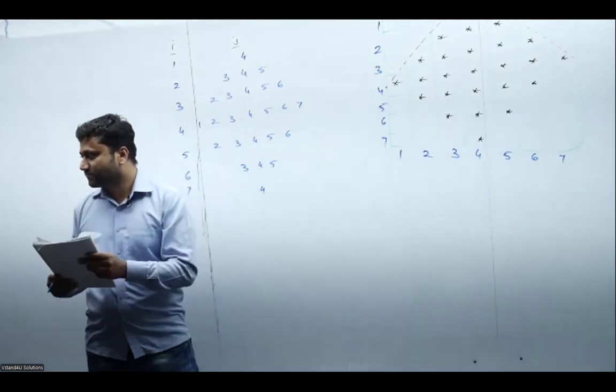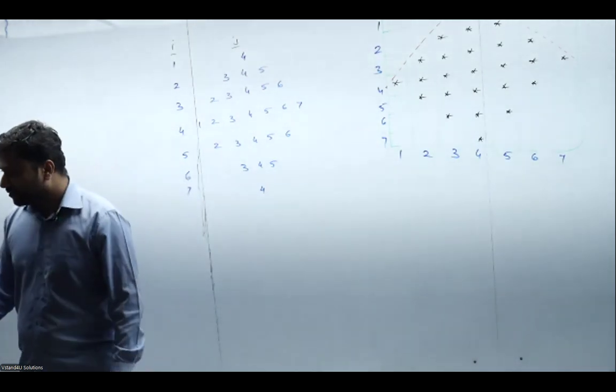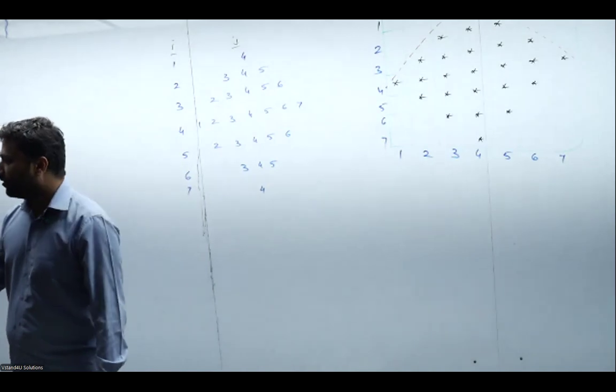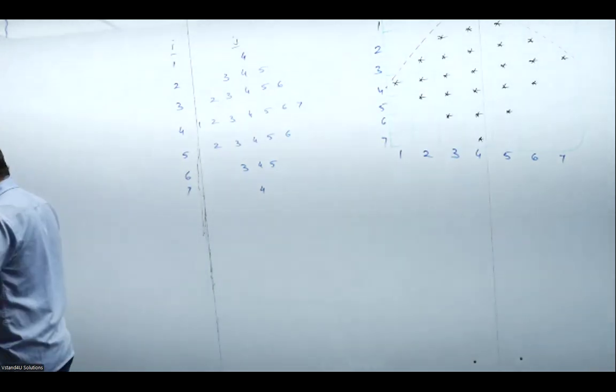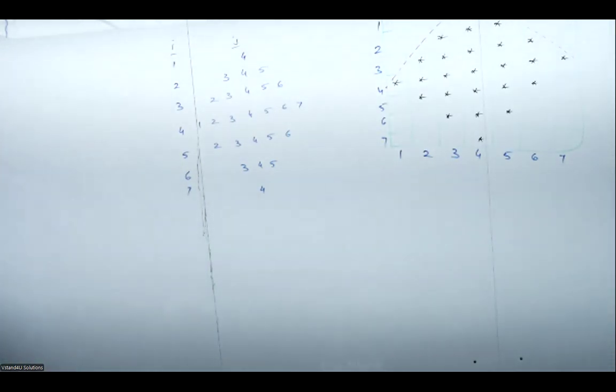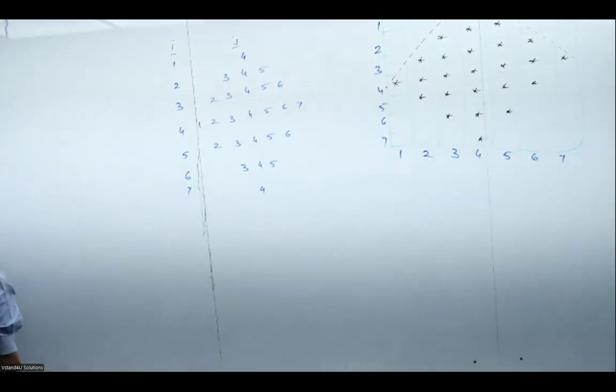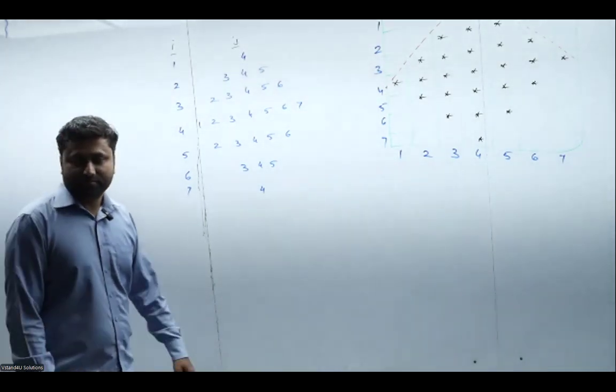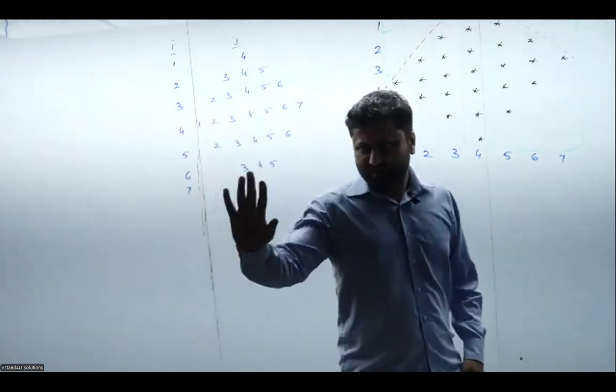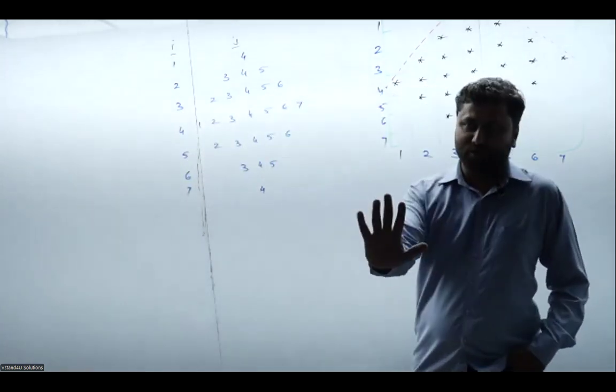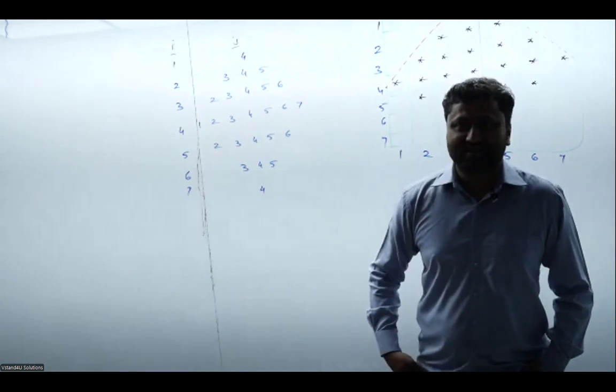Can you do it now? Hold on. Come, I'll be there with you. Take it end to end. Only for odd rows. As of now, even row I am also not sure. We'll do only for odd row, even row we'll discuss again. Okay?